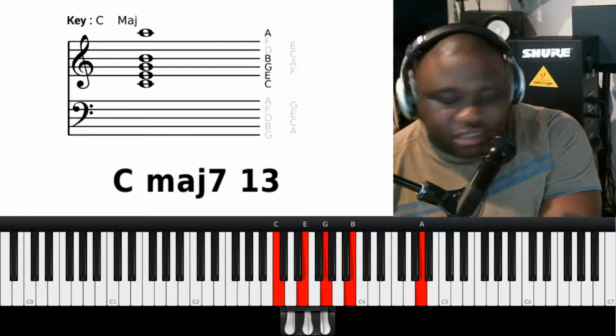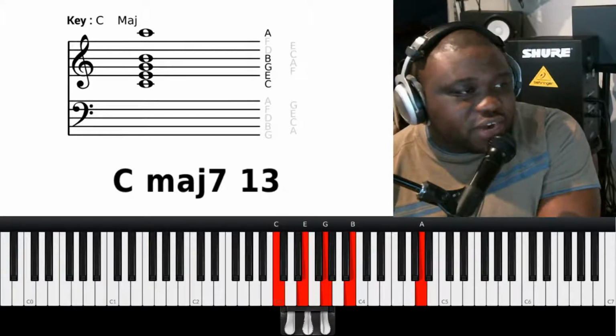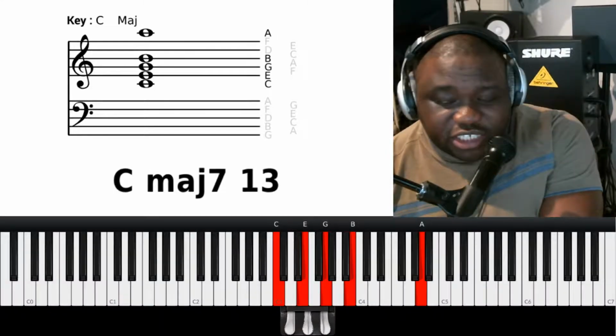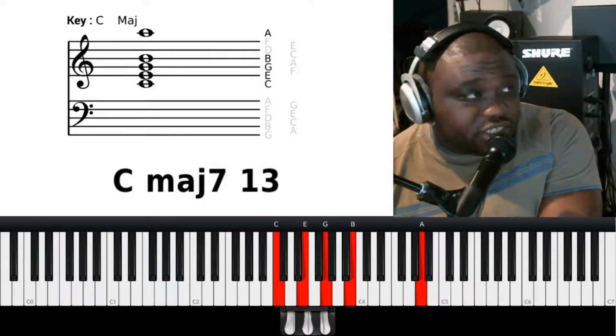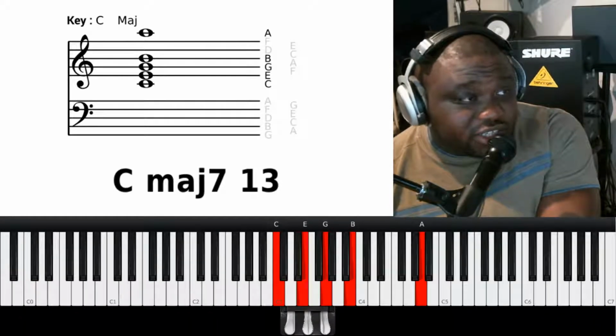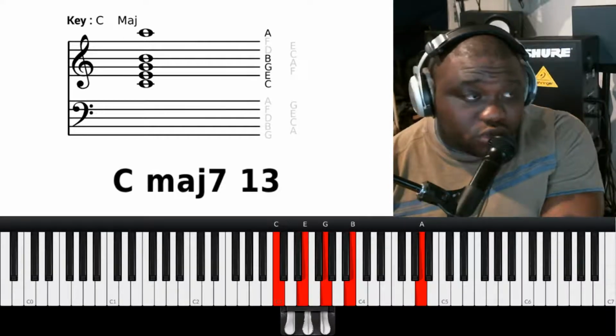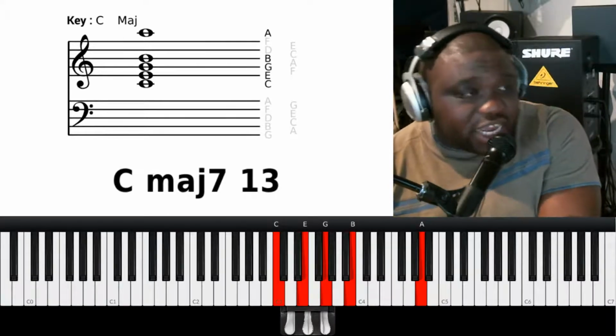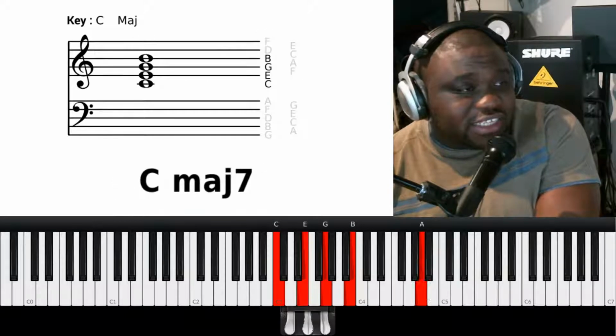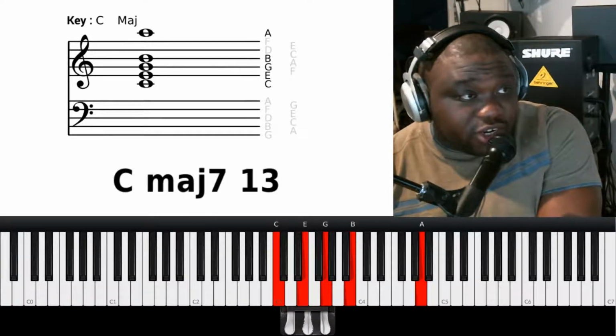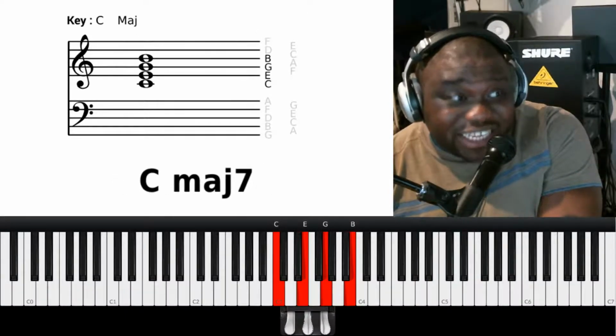So in the same sense, I have this right here, okay, and it's my C major 7th 13, right? 13th extension 13, right? So if I was to play that on this side, well, guess what? This is A, this is my 13. At the same time, it's my 6.